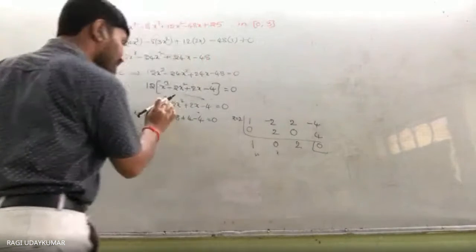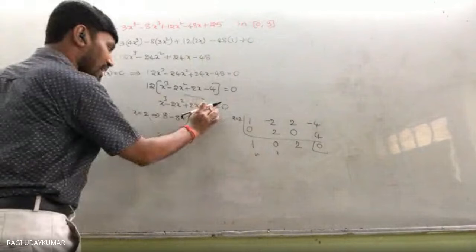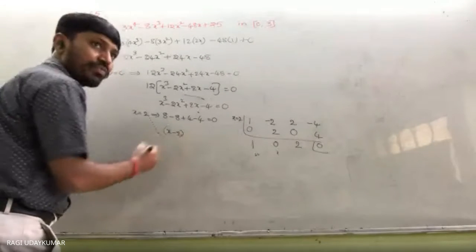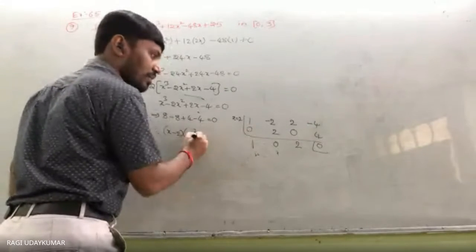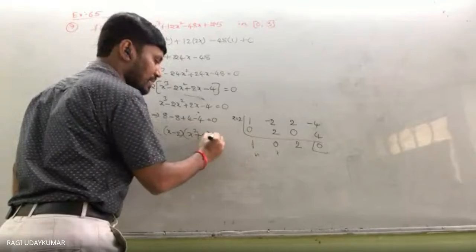Then you can write this polynomial as x equal to 2 is the one factor, x minus 2 into x square plus 2 is equal to 0.